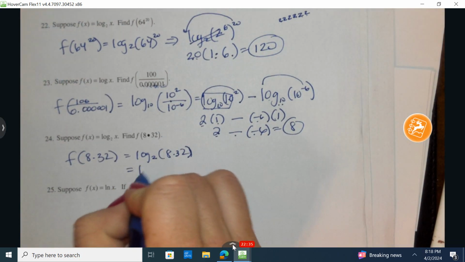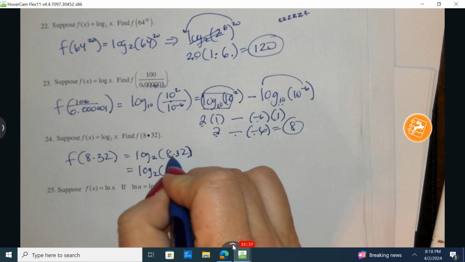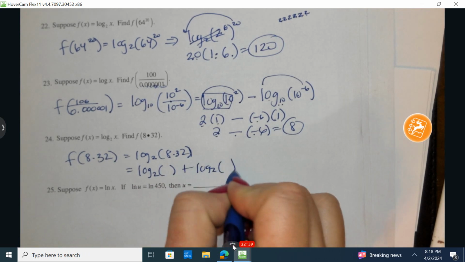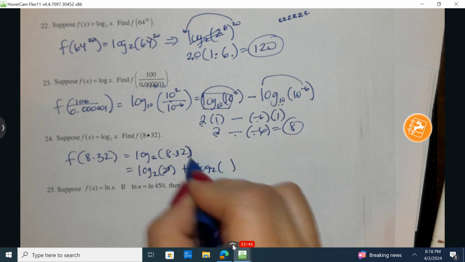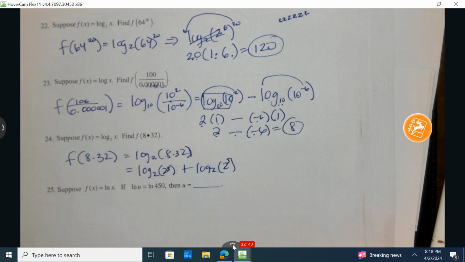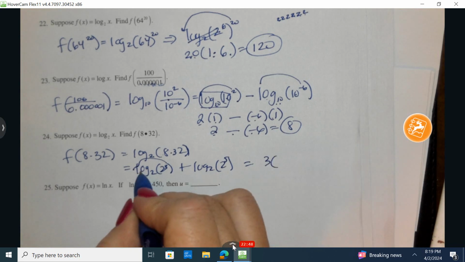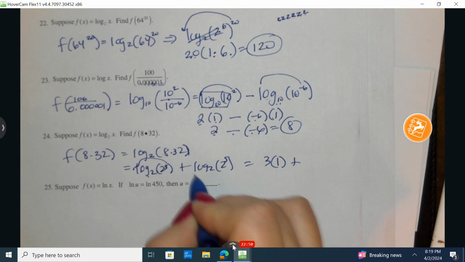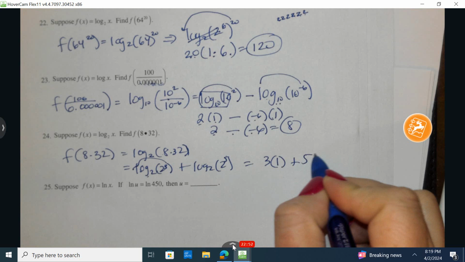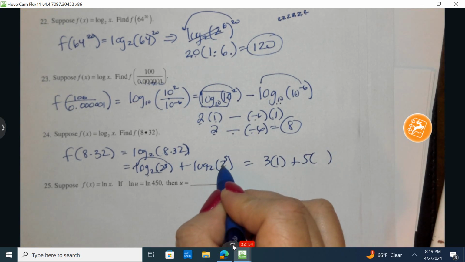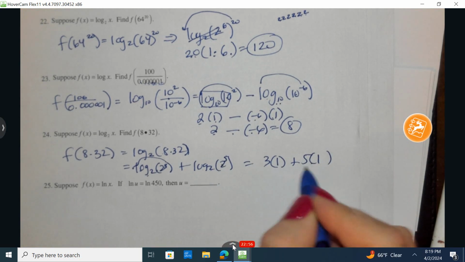So I'm going to expand this: log base 2 plus log base 2. Now I can rewrite 8 as 2 to the 3rd, and I can rewrite 32 as 2 to the 5th. The 3 comes in front, and I have 3 times log base 2 of 2 is 1, and the 5 comes in front, and log base 2 of 2 is 1, and I have 3 plus 5 is 8.